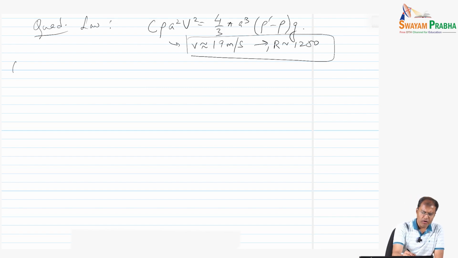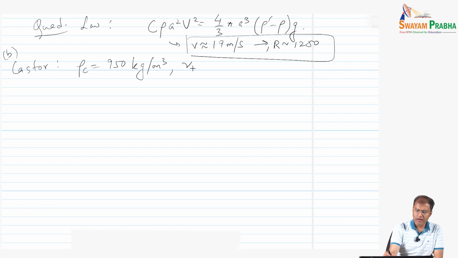Now for part B, castor oil, I'll just write down the density of the castor oil, and then the listeners can start plugging in the values. We see that the kinematic viscosity of the castor oil is the following: 1.04 times 10 to the power minus 3 meters squared per second.